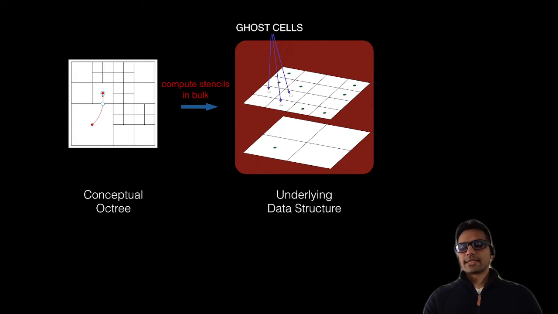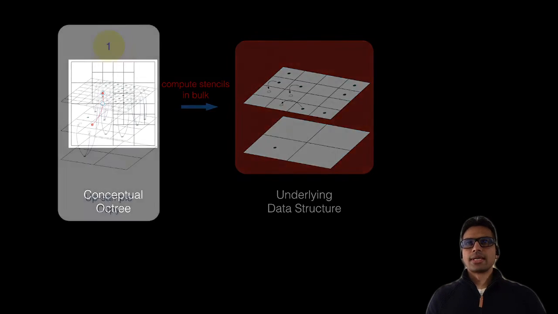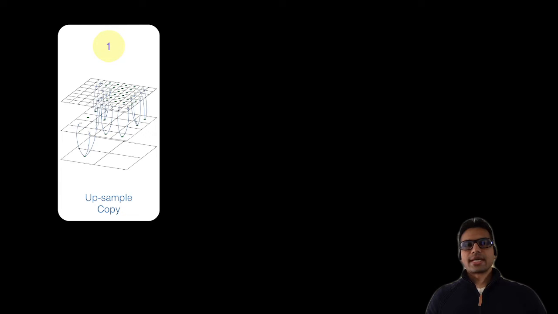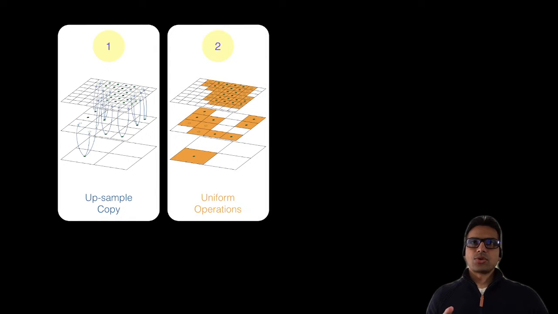Ghost cells are essentially an alias for a cell that lives at a coarser level, and the idea is to first upsample the values of the coarse parents into the ghost children, and subsequently only perform local operations at a single level.